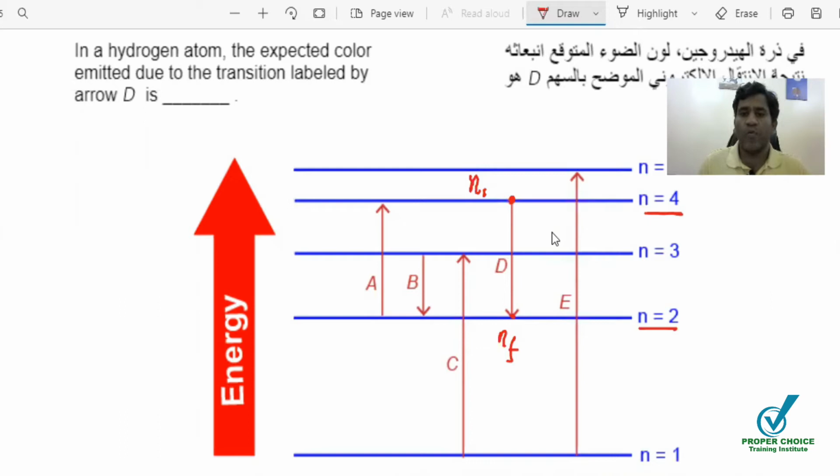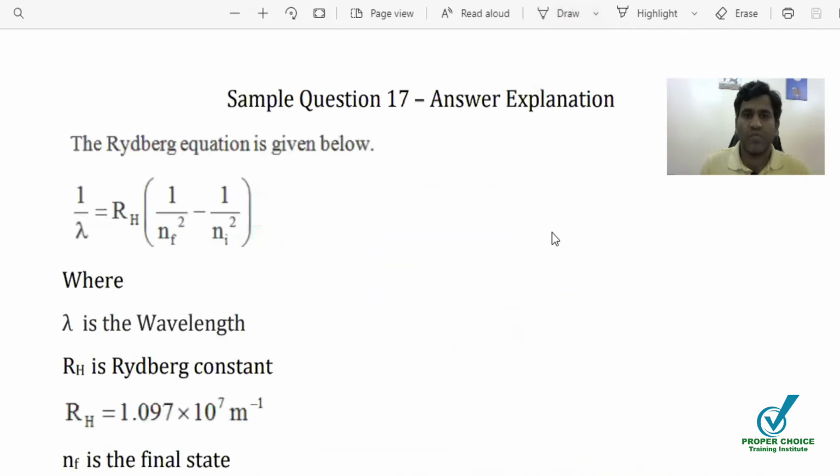So how do we calculate the wavelength of this light? As I mentioned, we have to calculate it by using the Rydberg or Bohr-Rydberg equation. This is how the formula is given: 1 by lambda is equal to R H times (1 by nf square minus 1 by ni square).